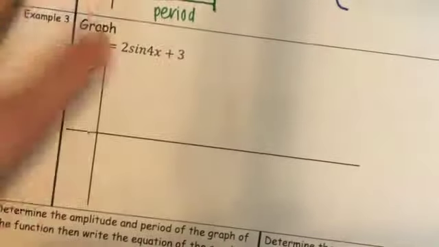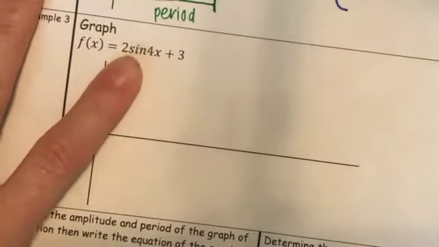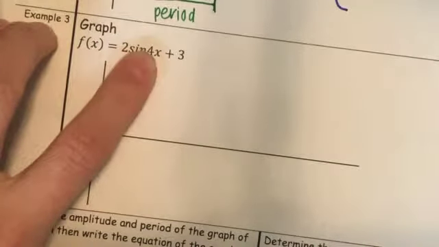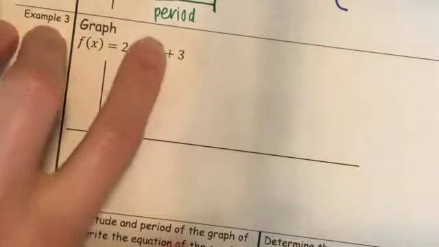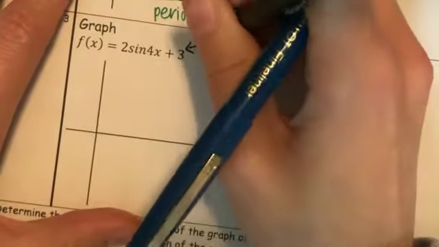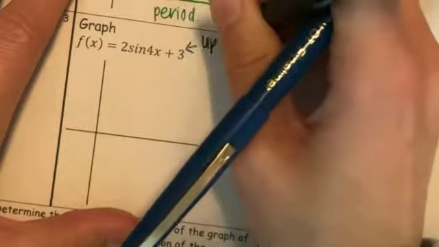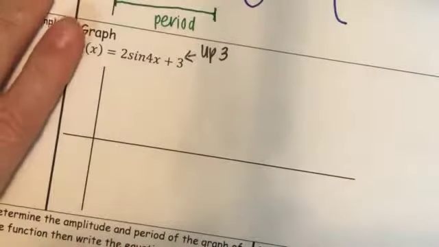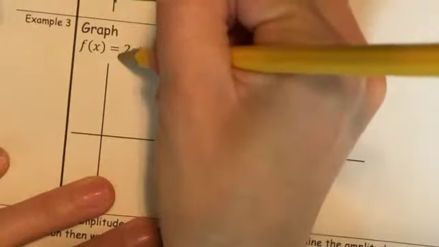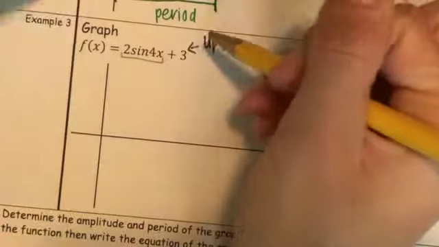Okay, last example for us graphing, we are going to be applying a vertical stretch, horizontal stretch, and we remember hopefully that +3 means we're going to be translating that graph up 3. So I'm gonna start by graphing just this one, and I'm gonna do this in pencil because I'm gonna erase it after I translate it up 3.